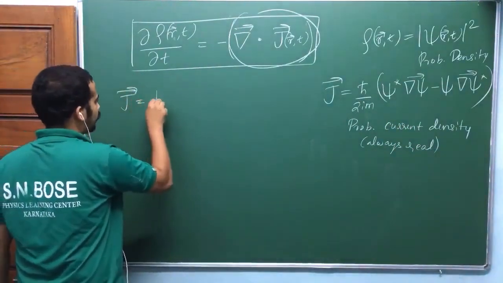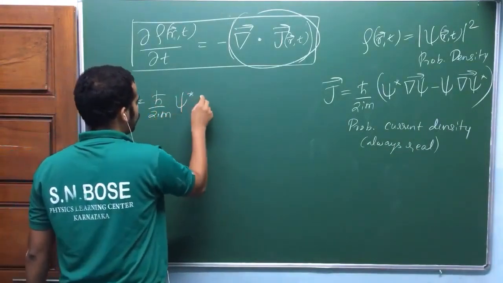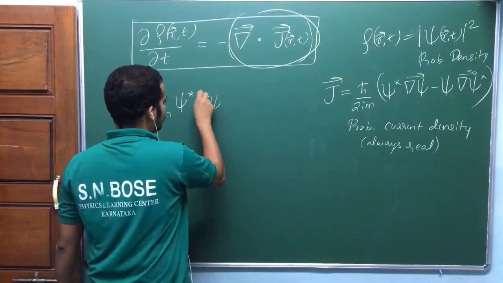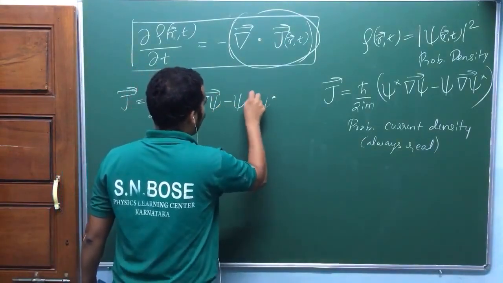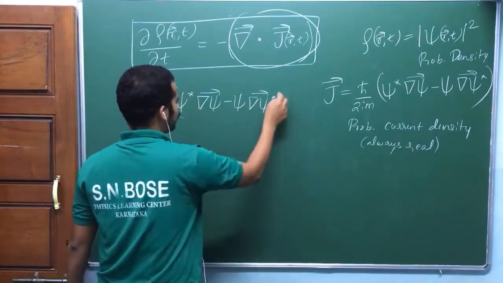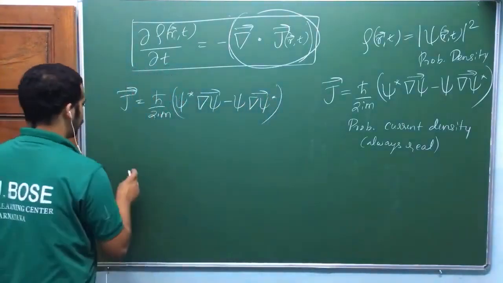Now we shall see this quantity. J vector is equal to h bar by 2im, psi star del psi minus psi del psi star. After electrodynamics, we do some three-dimensional problems. Now we shall restrict ourselves to one-dimensional problems.